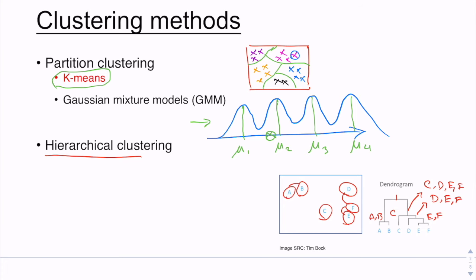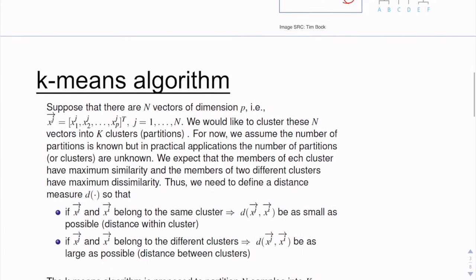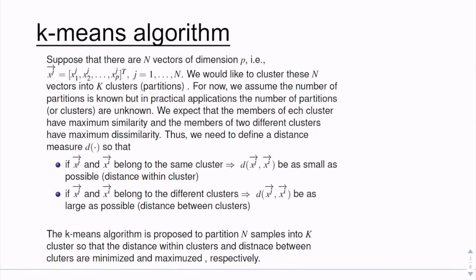So k-means. Now we are ready to have a formal definition and also see how the pseudocode for k-means works. So suppose that we have n vectors of dimension p. When it comes to clustering, I have seen many students have problems visualizing how we cluster vectors.